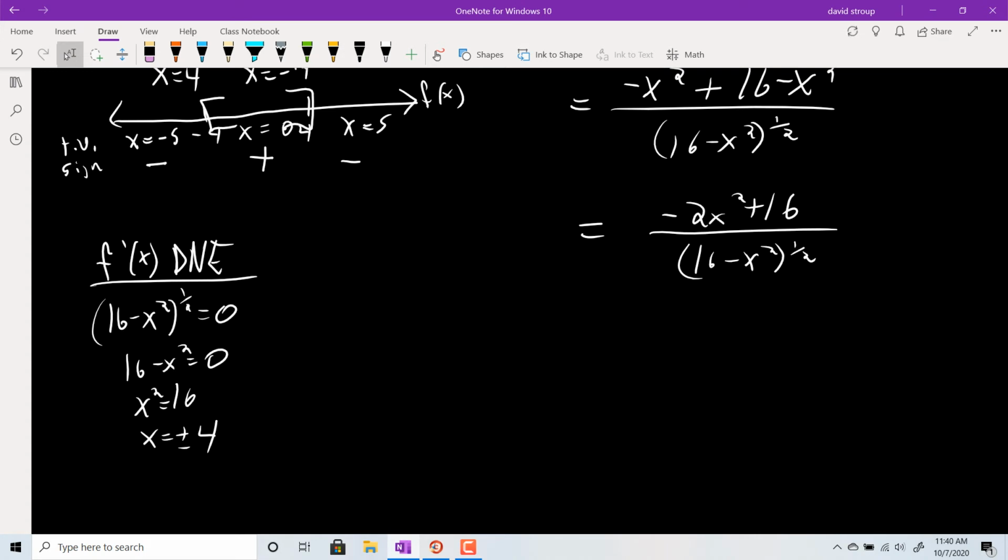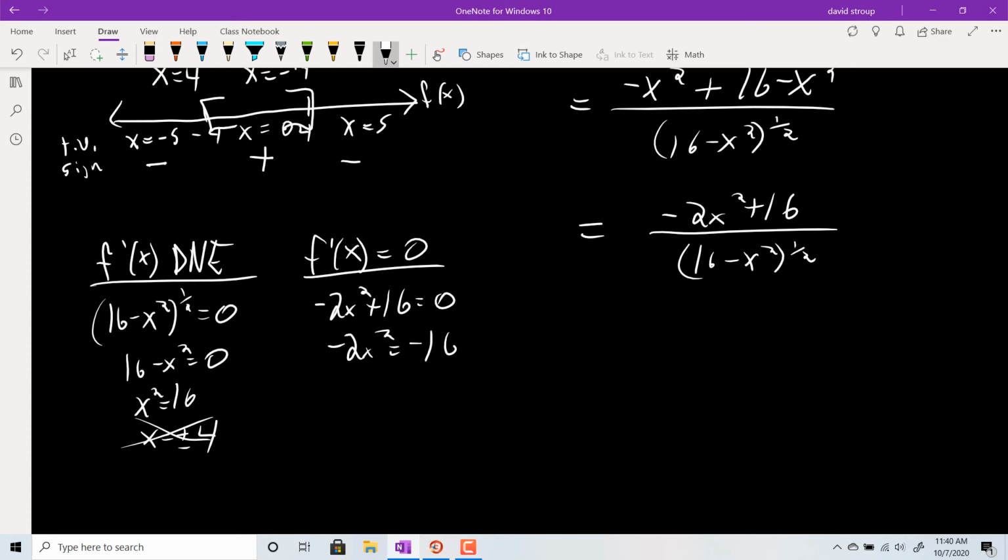We're just going to throw those in the trash. Those are at the endpoints of our domain. And then where does f prime of x equal 0? X squared is 8, so x is plus or minus 2 root 2.